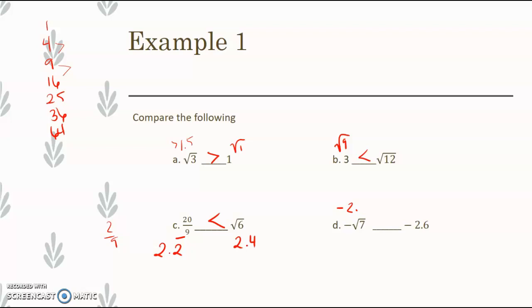So if we do 2.6 squared, we still are in the 6. 2.7 squared, we're at 7.29. So then I have to decide which one of those is closer, and I'm going to say the 2.7, but let me double check.